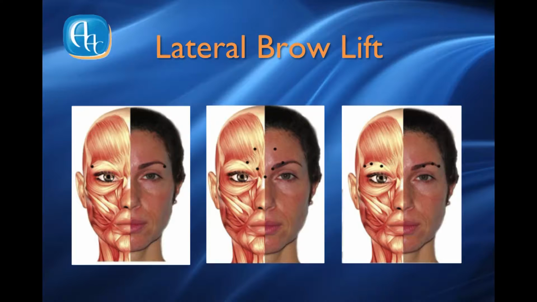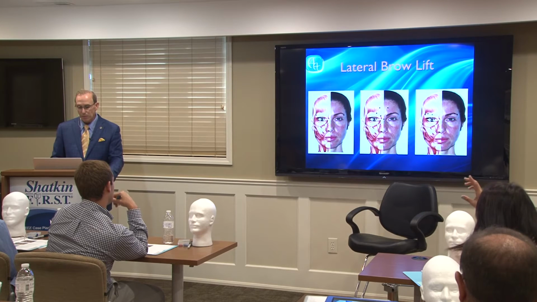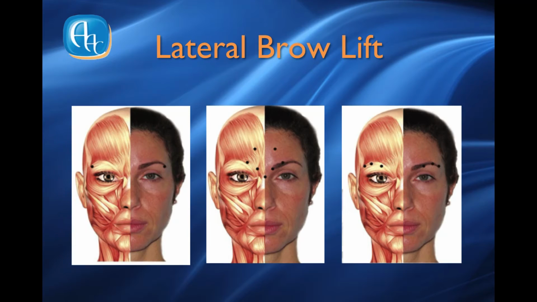And then the infrabrow, the very first diagram I showed there, we'll do that infrabrow to let that muscle relax, because then the forehead muscle, the frontalis muscle, will be unopposed, and it can just gently bring that up. And that's a really great technique to use. And then we can do all the way along it. I'm very cautious about injecting into the brow in that third diagram there, because then you could get some brow ptosis, and you don't want that, or eyelid ptosis.